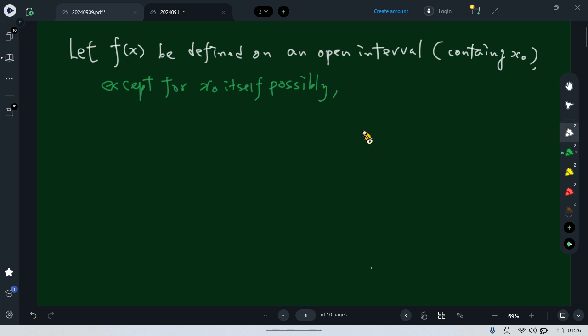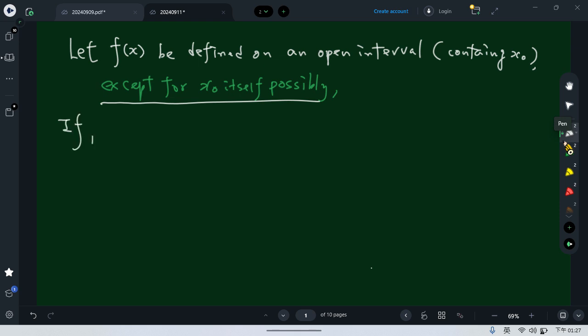I remember last time I explained why they always emphasize this part, because when we want to get the value of the limit at a certain point, it is not always necessary for us to have the definition for that point, right? So they always add this sentence there to describe the situation.